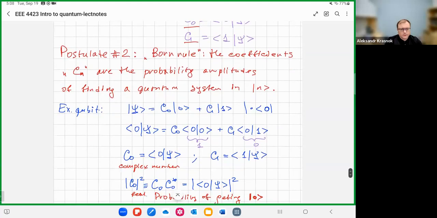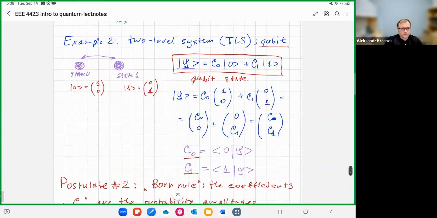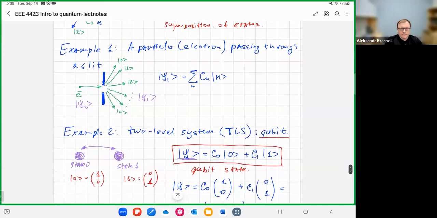These are probability amplitudes, and in order to get the actual probability, I have to take the absolute value squared. So the absolute value squared of each coefficient gives us the probability of finding a system in a particular state.